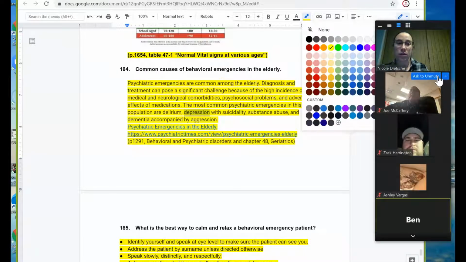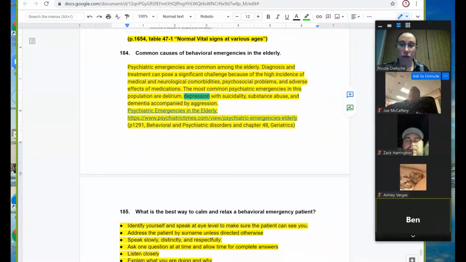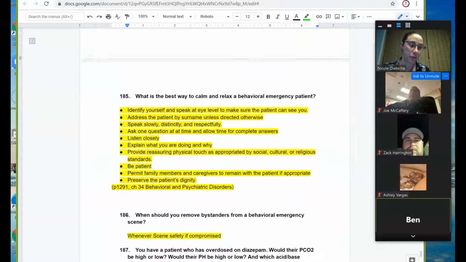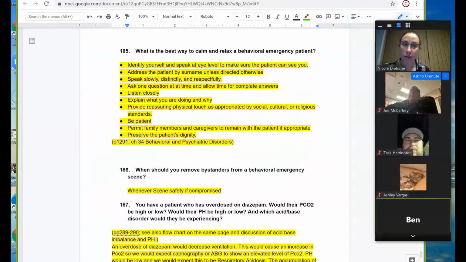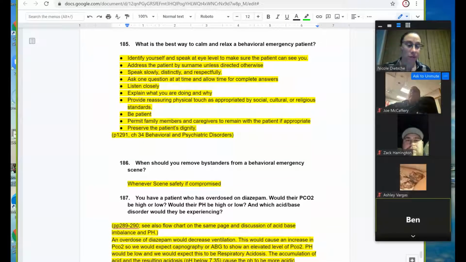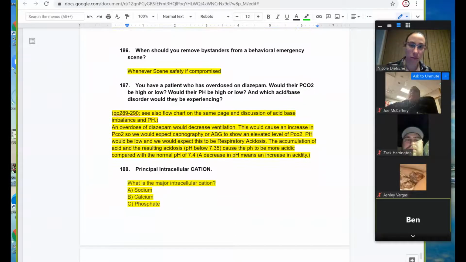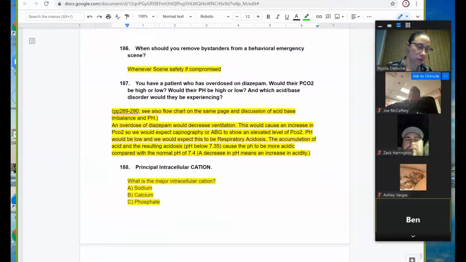Emphasis. Other issues are organic brain syndrome and other chronic illnesses that can cause psychiatric issues. Good. Move bystanders.